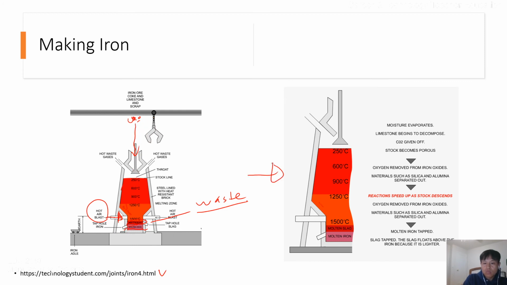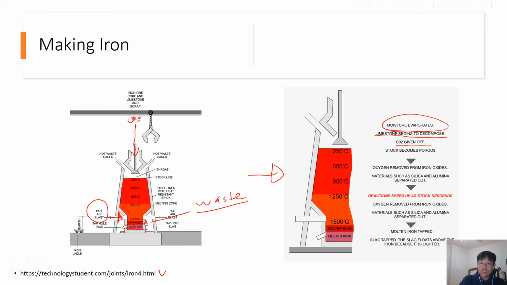So this shows more details about the iron making process. So first of all, the pellet has a lot of moisture. So in the process, moisture is evaporated with the high temperature, and then limestone begins to decompose, and then CO2 is given off, because the purpose of this iron making process is removing impurities.